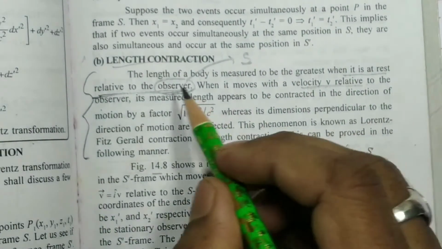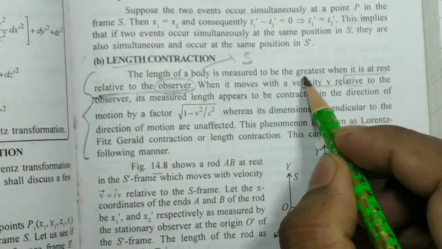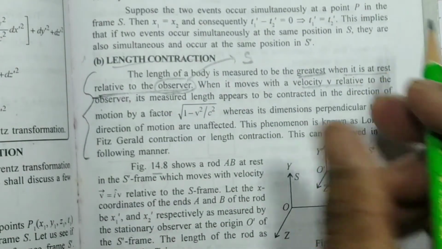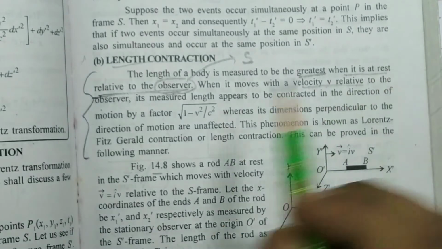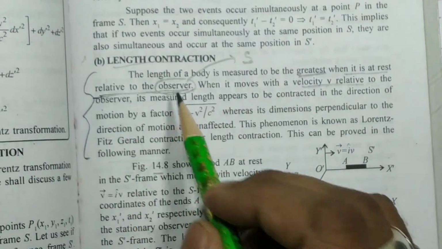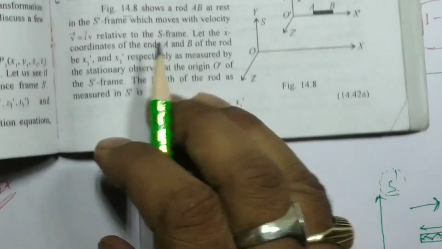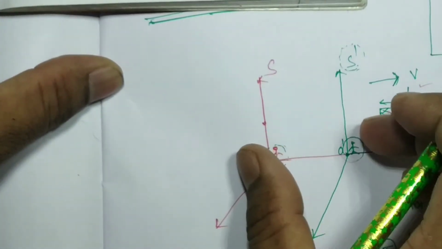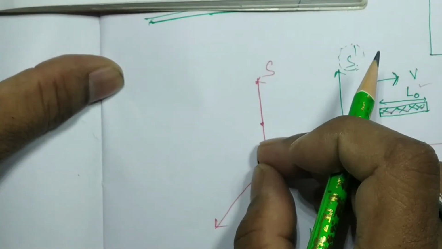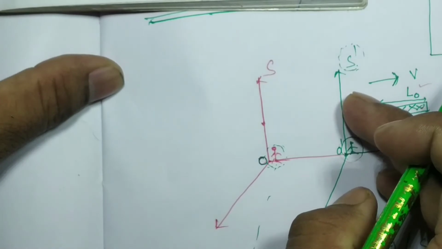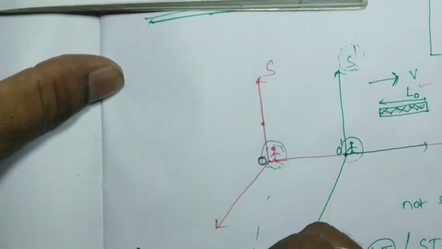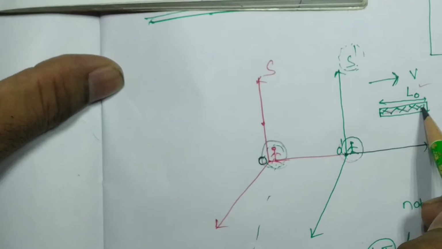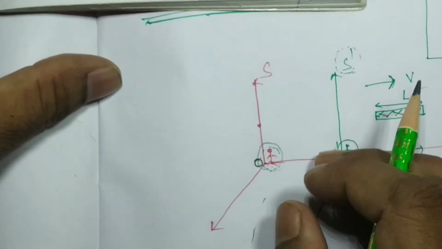So the length of the body is measured to be greatest, meaning larger, when it is at rest relative to the observer. That means when it is at rest, these two frames of reference coincide, both are at rest. So this observer will measure the length of the rod as L0, but when it moves, it seems to contract.